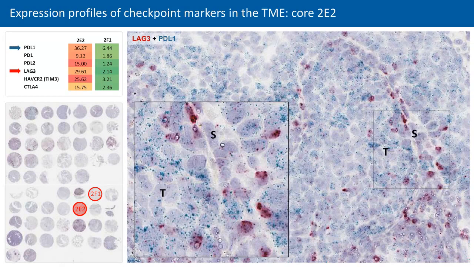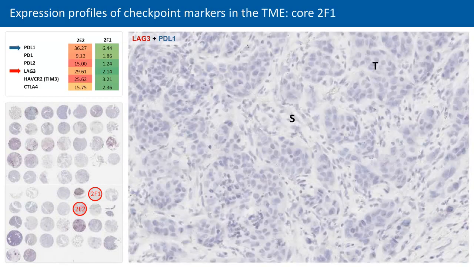LAG3 and PD-L1 appear to be co-expressed in immune cells, with some indicated by the arrows over here. Like previous checkpoint targets, LAG3 mRNA expression, again combined with PD-L1, is very low in core 2F1, characterized by a low level of immune cell infiltration.